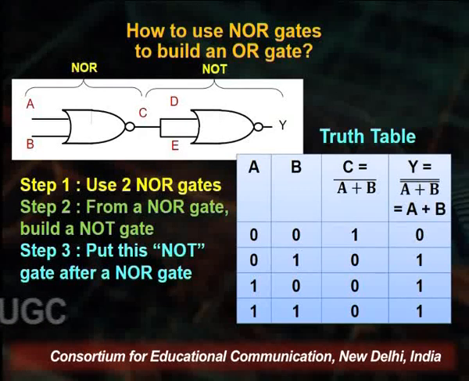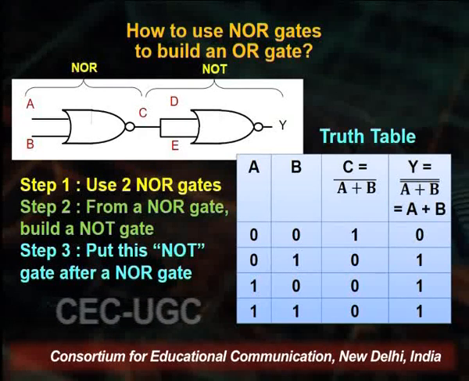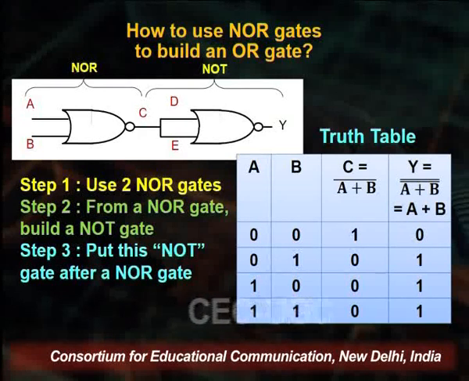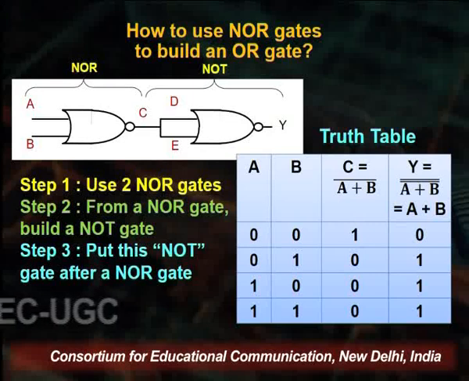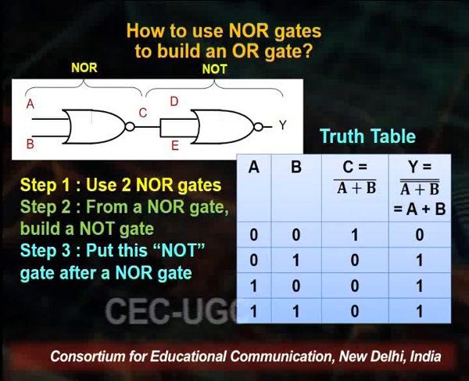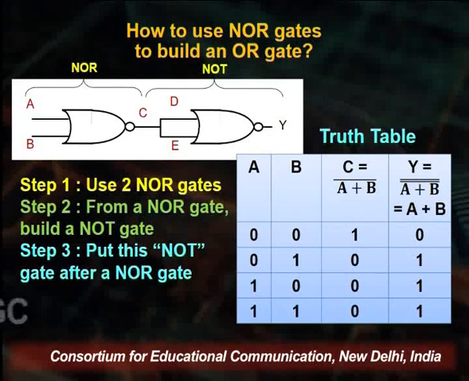So, how do we realize the functioning of an OR gate using NOR gates? It is again pretty trivial: we take a NOR gate first, thereafter we fix a NOT gate in front of it.